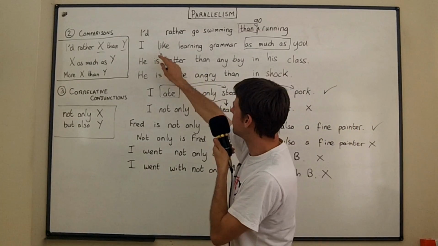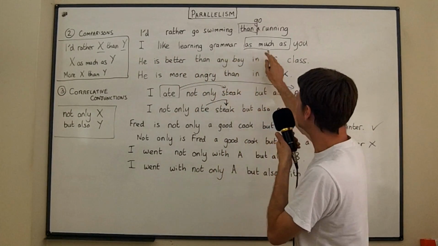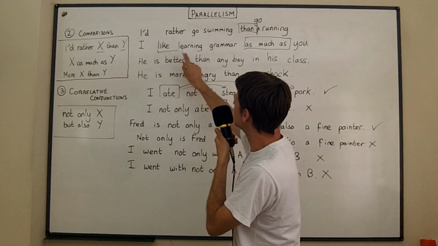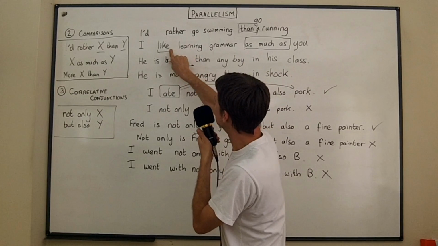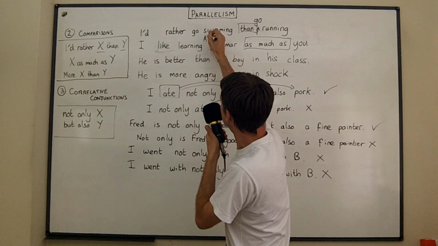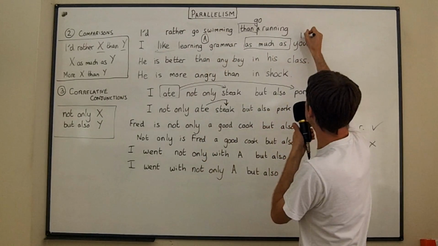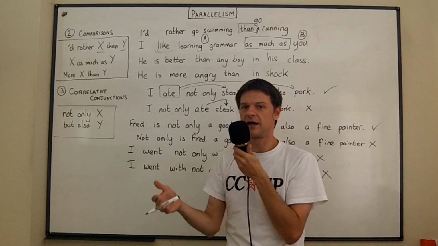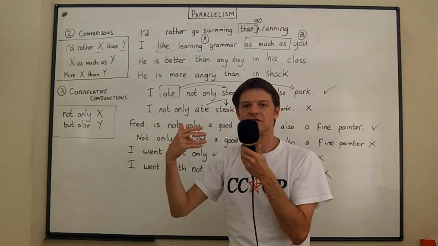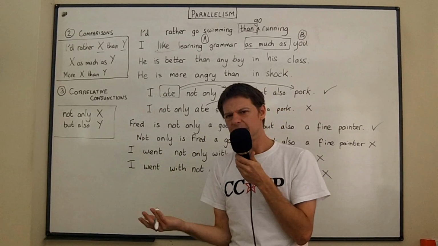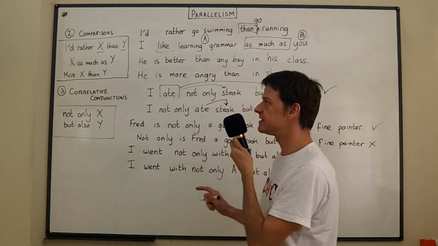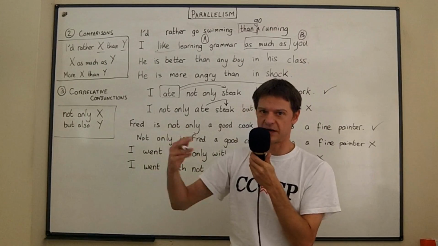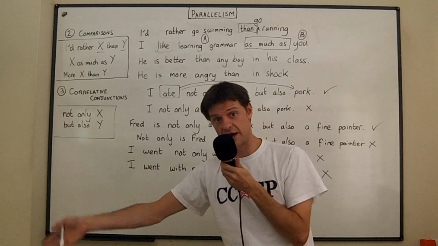If I say I like learning grammar as much as you, then you might think that I like this, learning grammar, let's call that A, as much as this, you. Now, that sounds like I like learning grammar just as much as I like you, which is a little bit odd. That's not really the intended meaning here. What I mean is I like learning grammar as much as you like learning grammar.